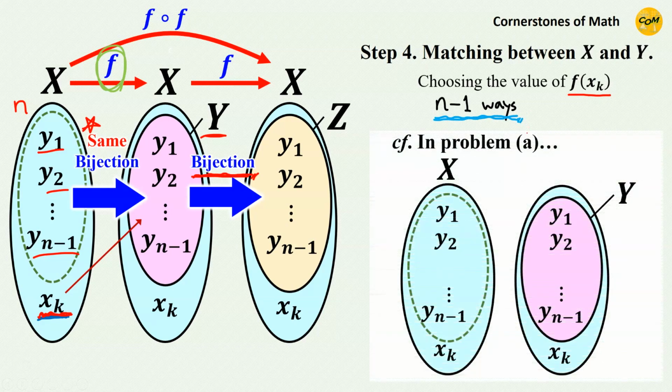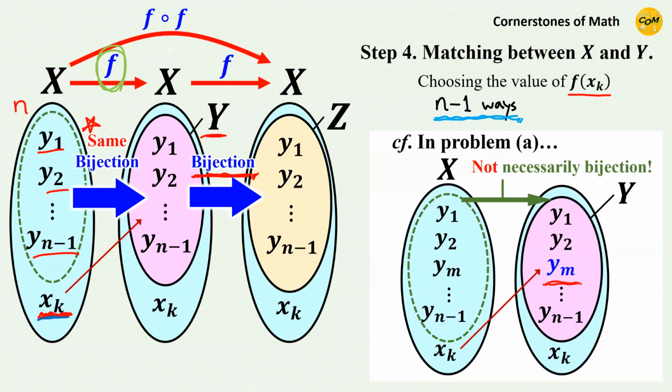And this is the stark difference between this problem and the previous problem. In the previous problem, y1, y2, up to y(n minus 1) from domain x do not have to correspond to exactly the n minus 1 elements y1, y2, up to y(n minus 1) from set y. Let us think about this for a moment. For example, suppose that xk corresponds to some of these y's, say ym.